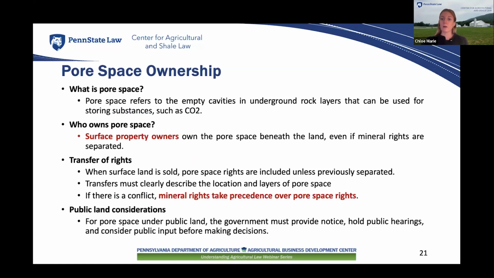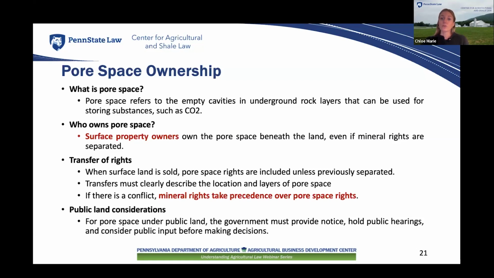So pore space refers to the empty spaces or cavities within underground rock layers that can be used to store carbon dioxide or other substances. According to the Act, the owner of the surface land, called the surface property interest owner, also owns the pore space beneath that land.